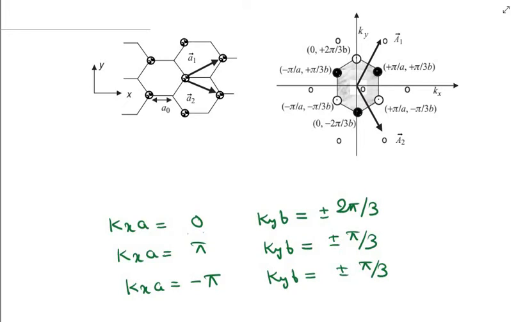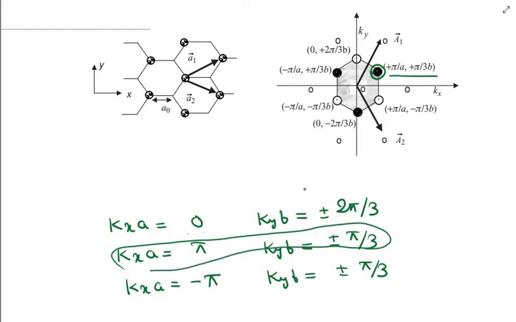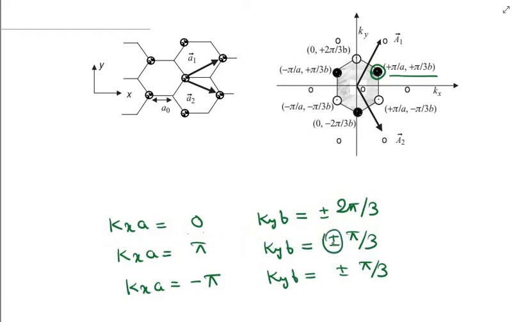So this point over here is equal to pi by a, pi by 3b, which is basically 1 point from this set. This contains plus minus here, so this is equivalent to 2 points.